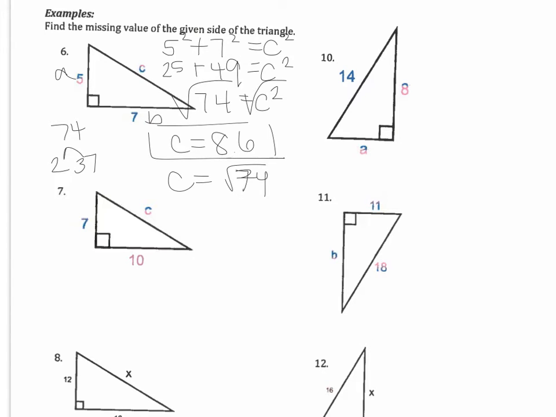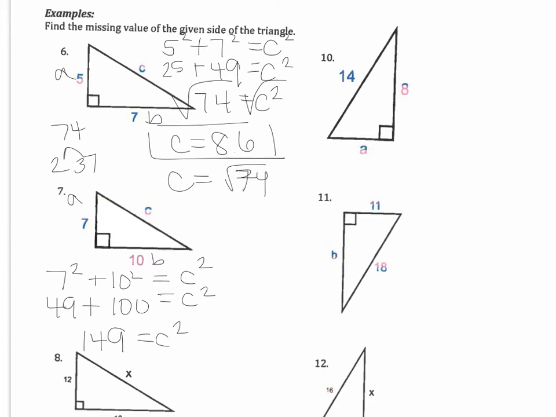Again, I'm looking for C, so I have to label A and B. So 7 I'm going to say is A, and 10 I'm going to say is B. So 7 squared plus 10 squared, and I want to say does that equal C squared. So I have 49 plus 100 equals C squared. So I have 149 equals C squared. So now I'm going to do the square root of 149.